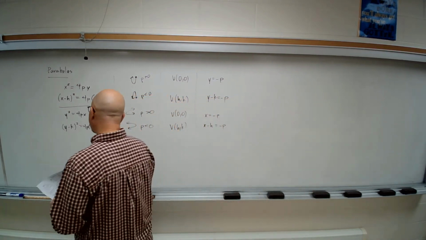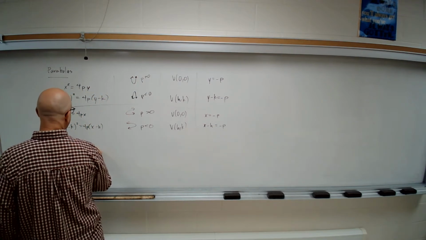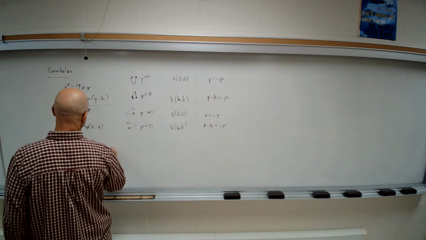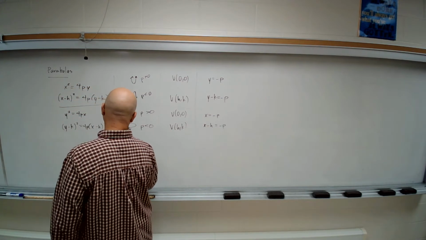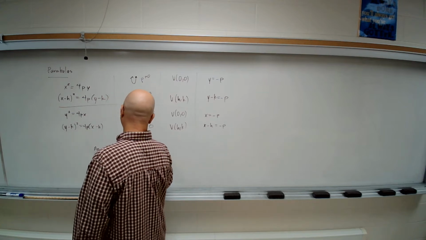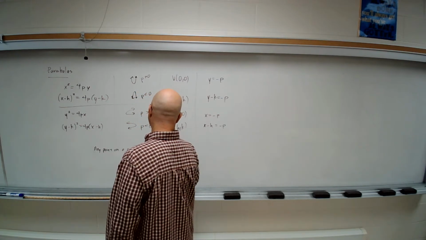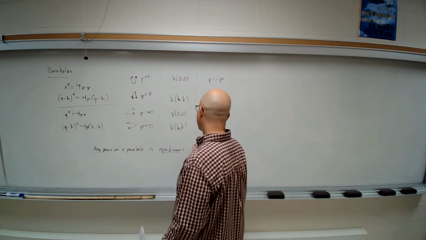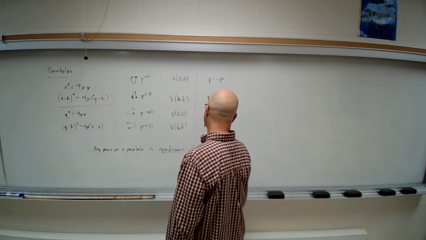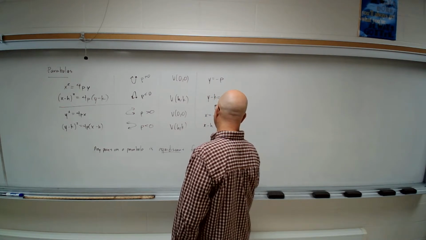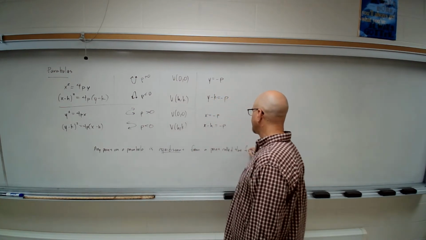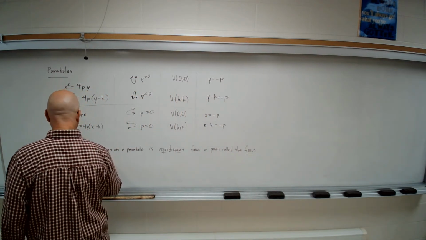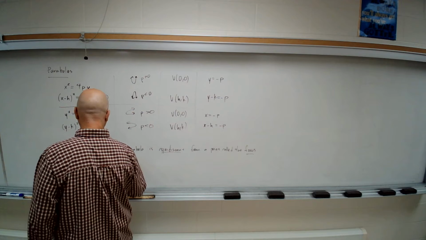So any point on a parabola is equidistant, the same distance, from a point called the focus and a line called the directrix.